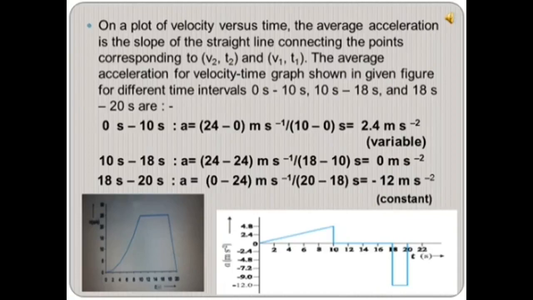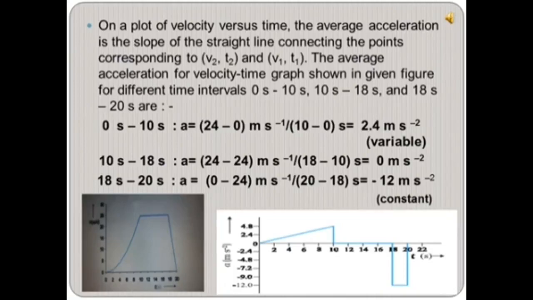We can determine the average accelerations for three different intervals of time. First interval of time 0 second to 10 second, average acceleration a is equal to 24 meter per second minus 0 meter per second whole divided by 10 second minus 0 second, which is equal to 2.4 meter per second square. Second time interval is 10 second to 18 second.